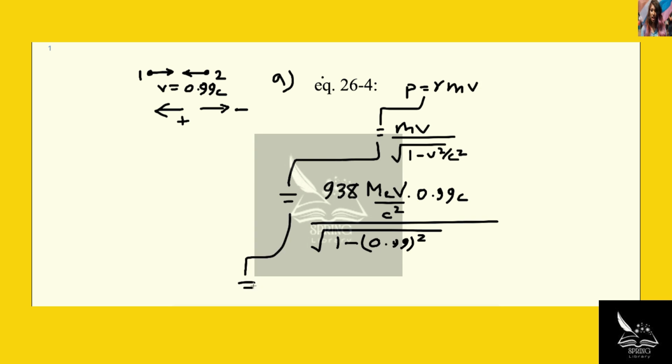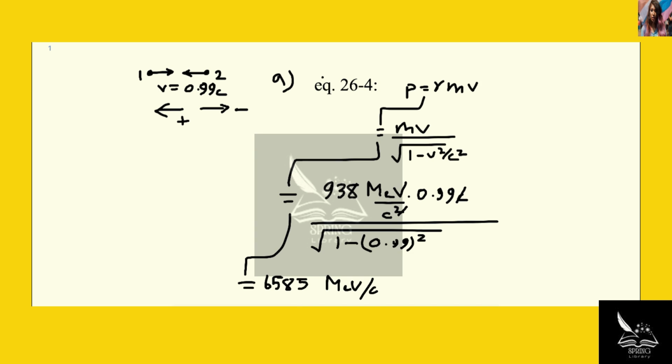And what we get, lo and behold, is 6585 MeV per c, because one of the c's here cancel. And it's okay to keep it in these units. So that's part A, and this magnitude is the same for both protons.